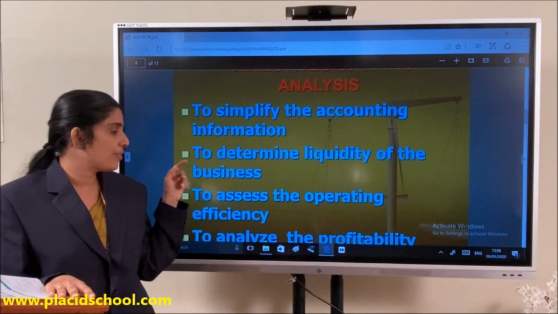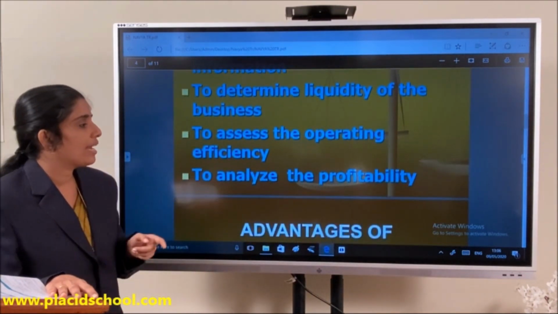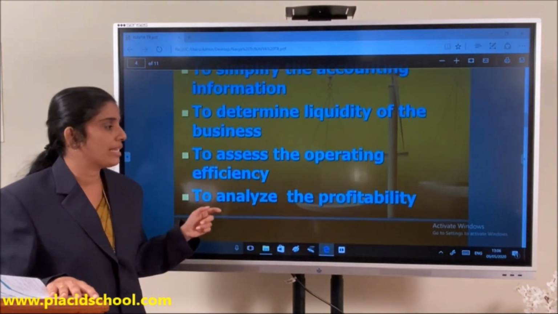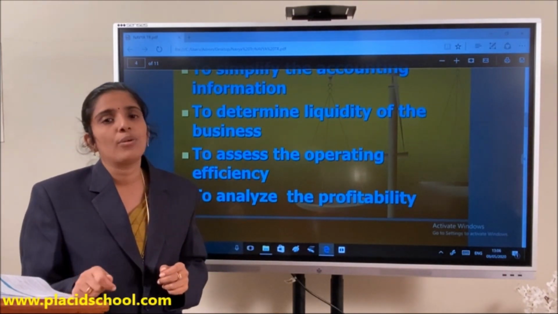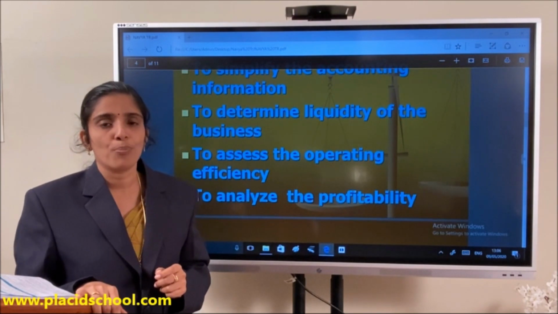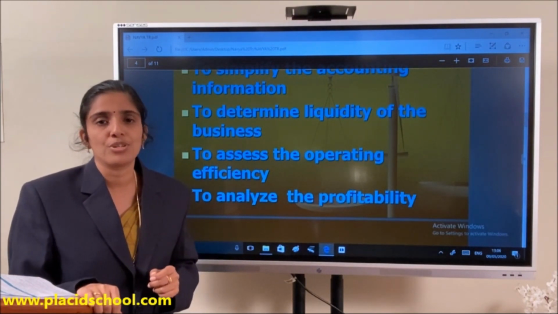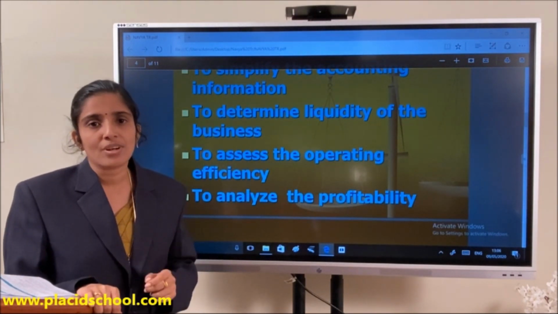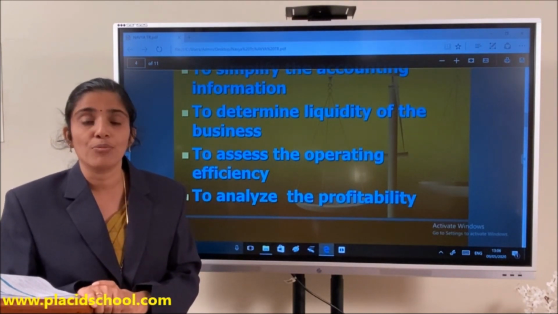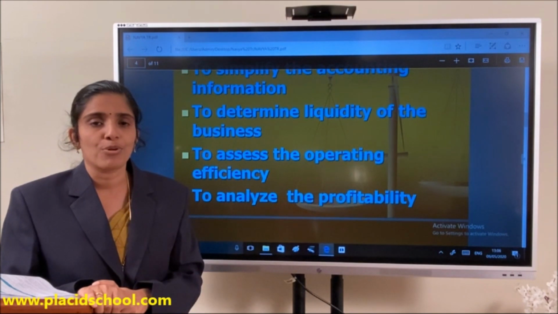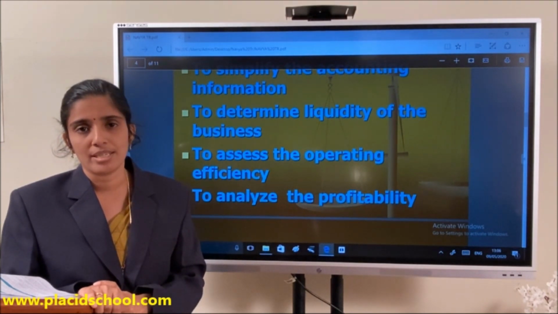The last objective is to analyze the profitability of the organization. We calculate gross profit ratio, operating profit ratio, net profit ratio, etc. Through these ratios, we can clearly identify the profitability condition of the organization.